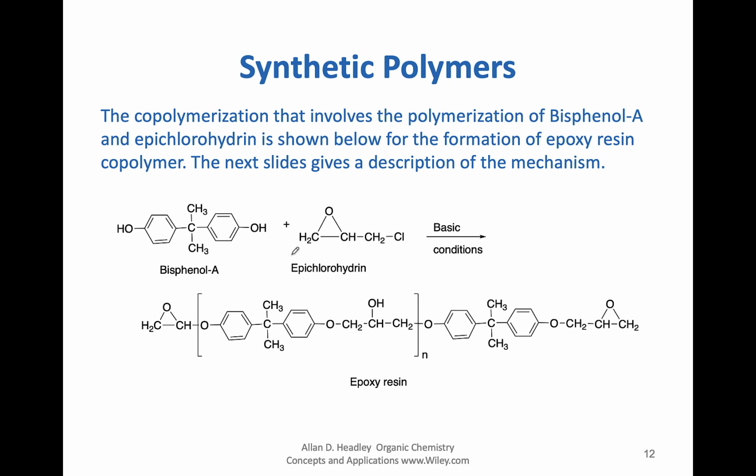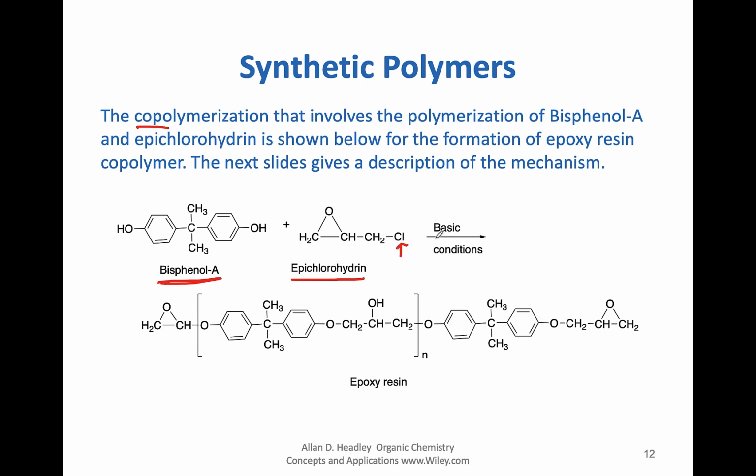Here's another type of copolymerization. This one is Bisphenol A. By the way, you're very familiar with Bisphenol A. I think you had that as one of the questions on the last exam. But notice here that if you mix Bisphenol A with this molecule, let's analyze this molecule carefully. It's a difunctional molecule which has an epoxide here and a good leaving group.